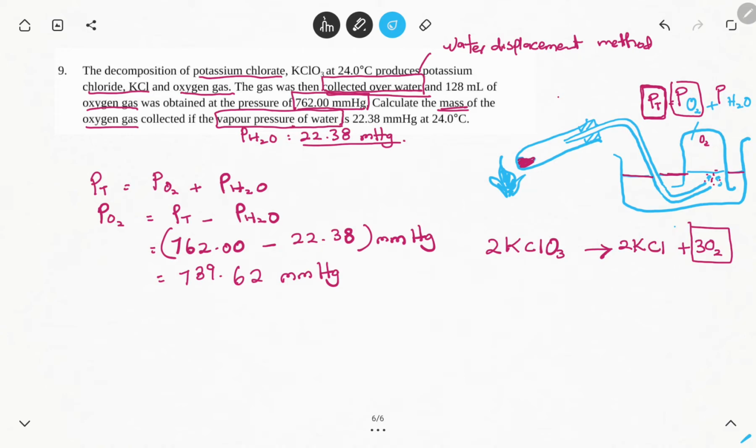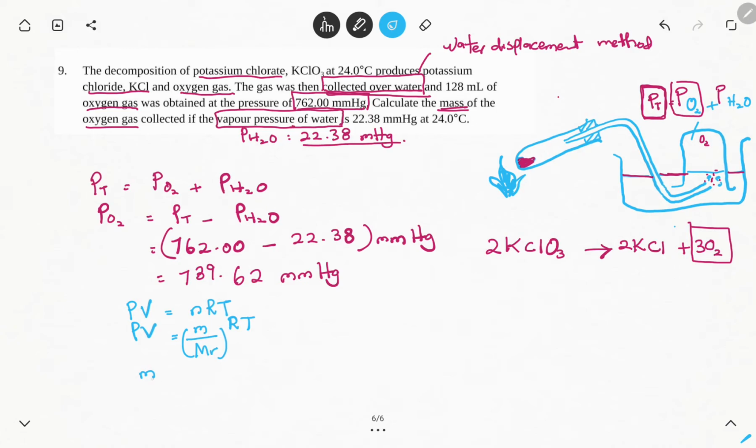To calculate the mass of oxygen gas collected, we are going to use the ideal gas equation, PV equals nRT. To calculate the mass, we need to substitute the formula of mole, mass over molar mass, and rearrange the formula so that we can calculate the mass.